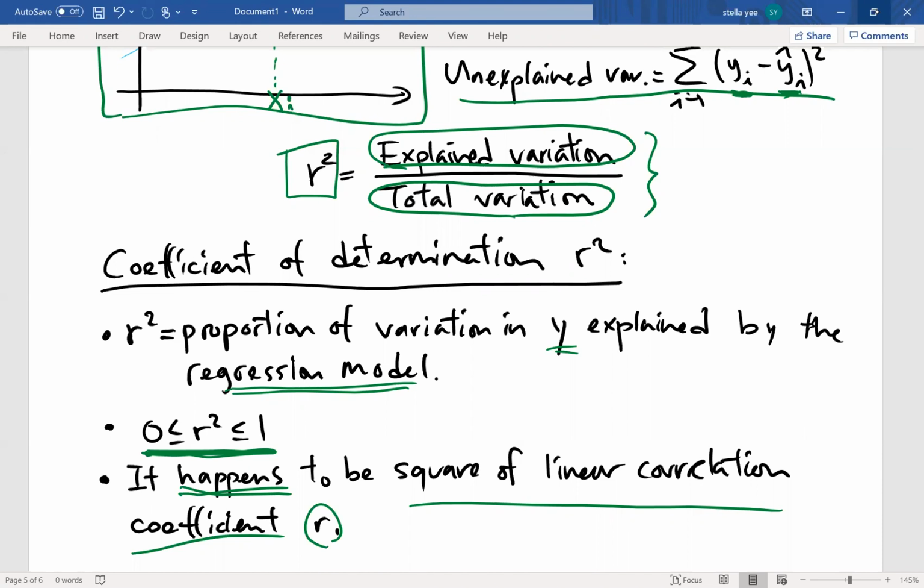But in those instances, it's not the square of the linear correlation coefficient r. So in some sense, this is the only case when you have two variables x and y, and you are also looking at a linear relationship, not any other type of curve. So that's the only situation where the linear correlation coefficient and the coefficient of determination are related by this square.